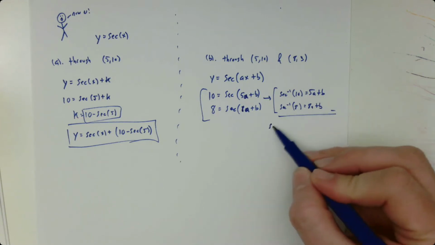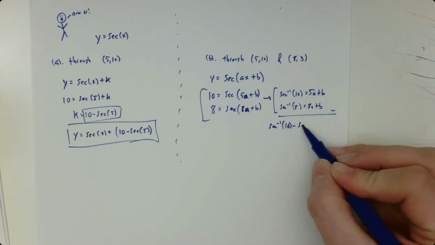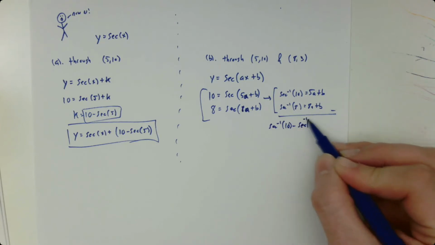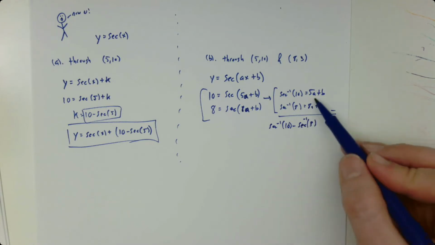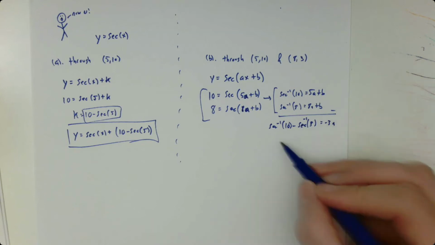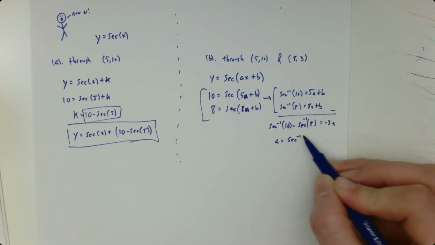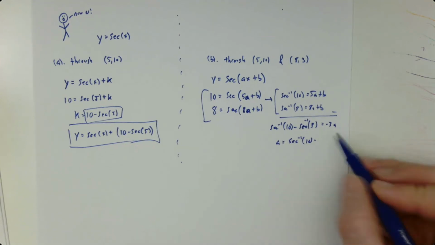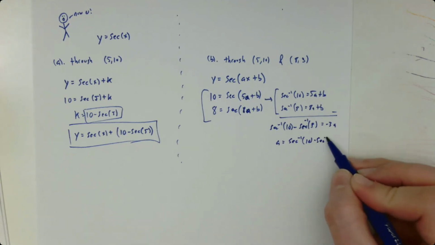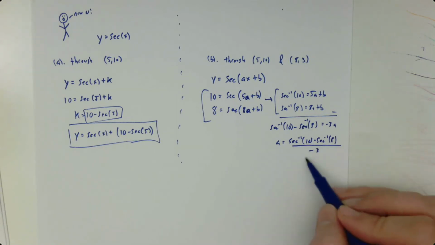So now I've got inverse secant 10 minus inverse secant 8. And then, let's see, 5 minus 8 is negative 3a. All right, so this isn't the prettiest thing in the world, but we've got a equals inverse secant 10 minus inverse secant 8 divided by negative 3. And so you could solve for b as well.